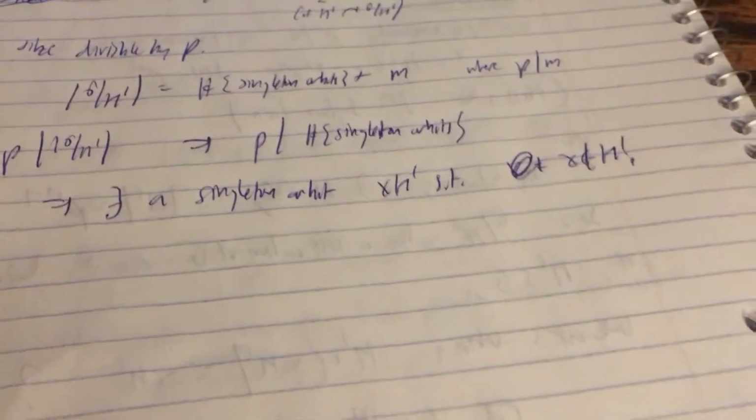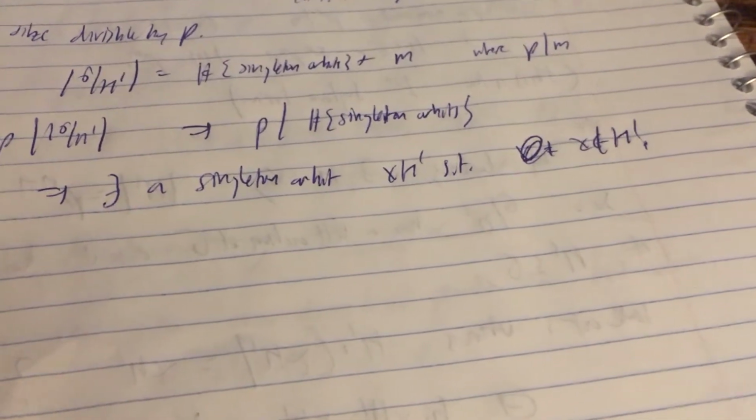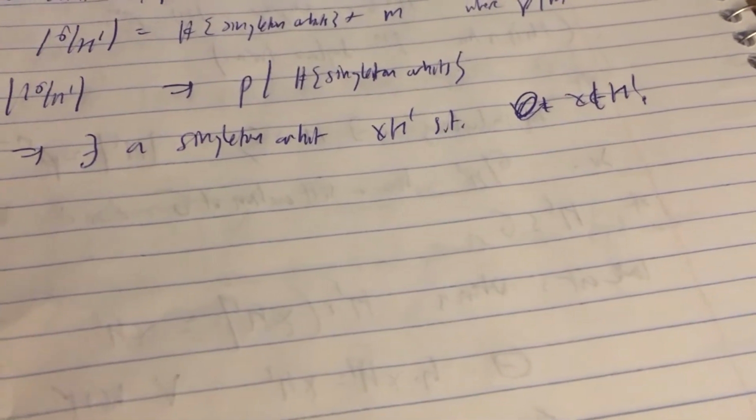So this implies that there exists a singleton orbit, a fixed point, xH prime, such that x is not in H prime. A thing that's an orbit of size 1, but which is also not just the identity times H prime, not just the trivial thing.